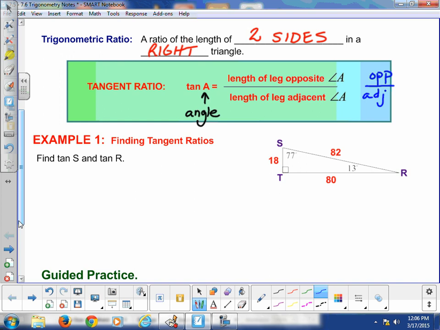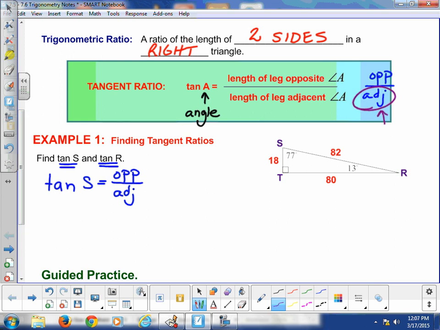Looking at example 1. Tan S and tan R are what I'm looking for. So I have tan S. That is equal to the side opposite angle S over the side adjacent to angle S. And let me make a comment about this adjacent.